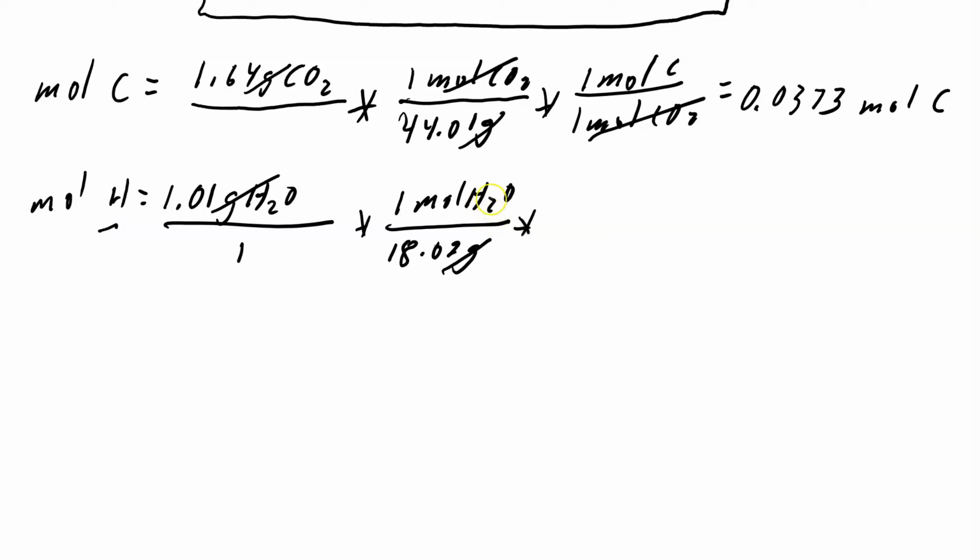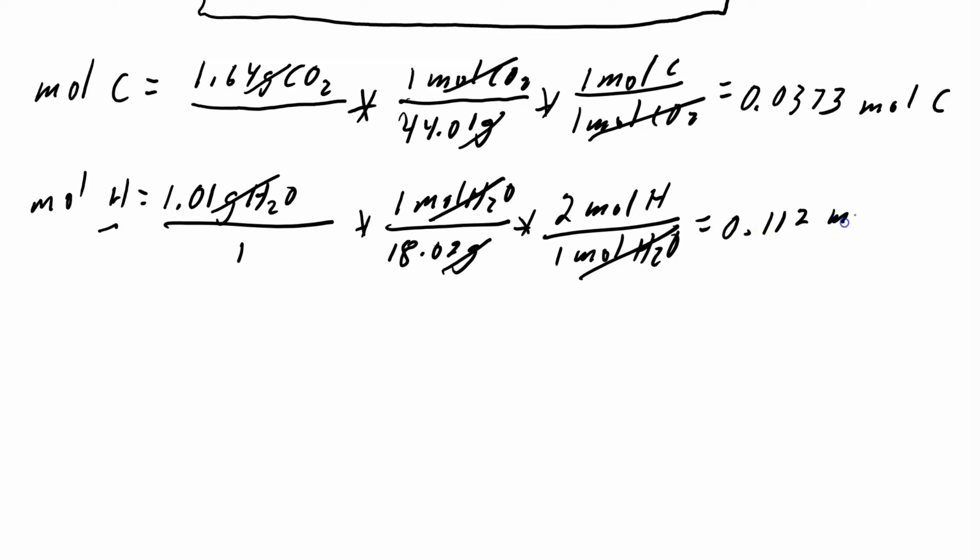I see that there are 2 moles of hydrogen in every 1 mole of water, so I'm going to multiply this by 2 moles of hydrogen for every 1 mole of water. Moles of water cancel. Now I've got moles of hydrogen, and when I do the calculation, I'm going to end up with 0.112 moles of hydrogen.